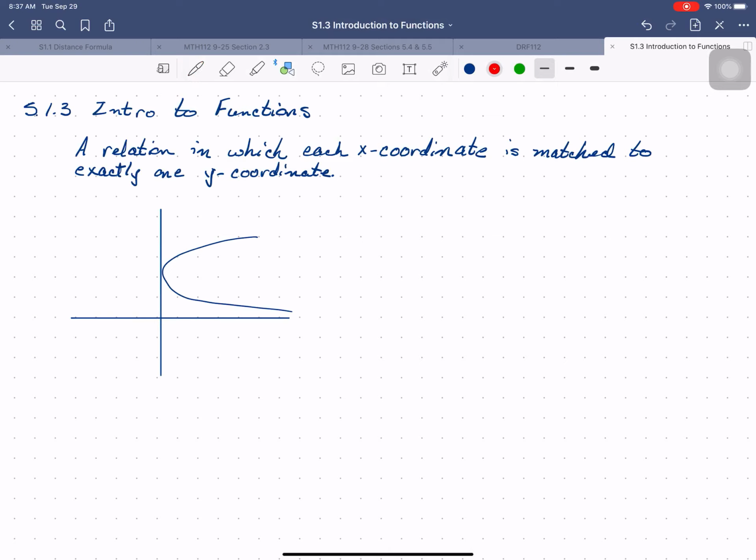Well, I know that because if I imagine sketching a vertical line through there, we've got one x value with more than one y value. So this is not a function.